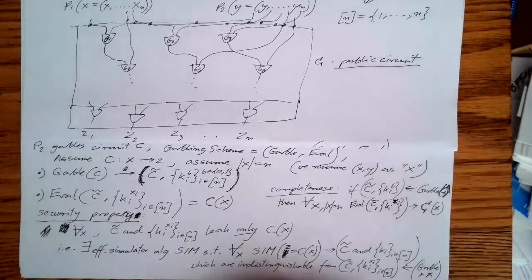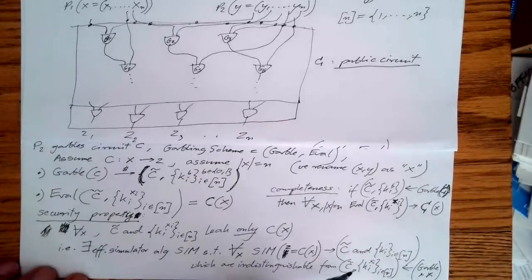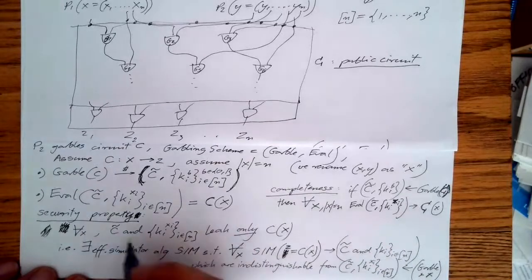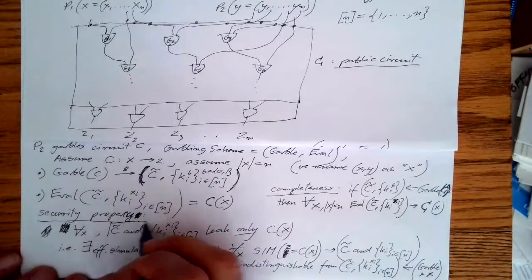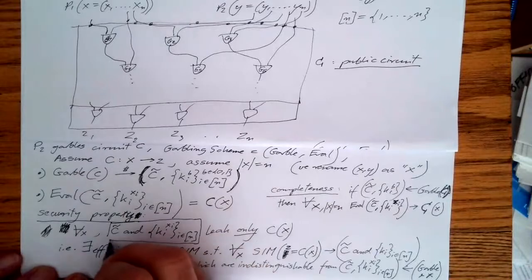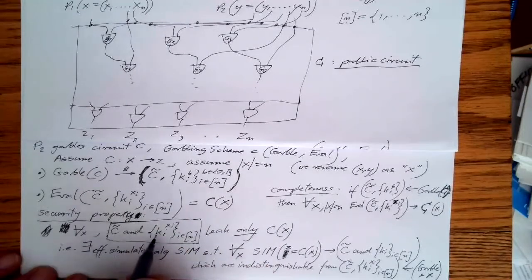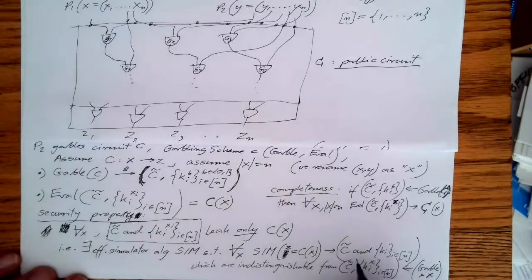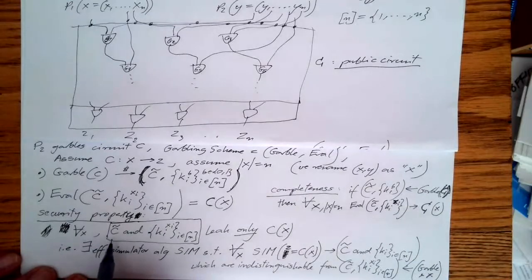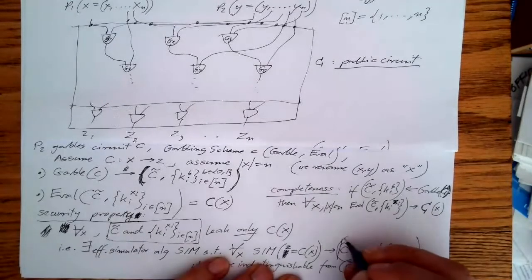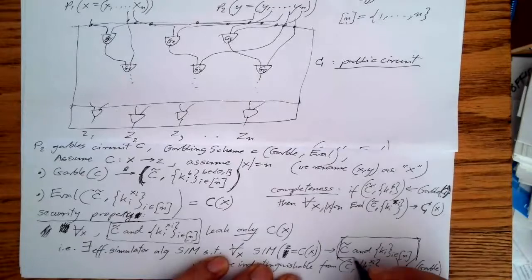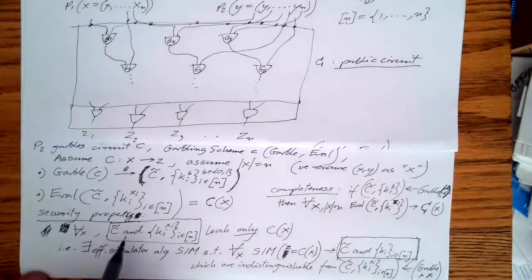So what are we comparing the view of the simulator with? We want the simulator's output to be indistinguishable from this tuple.